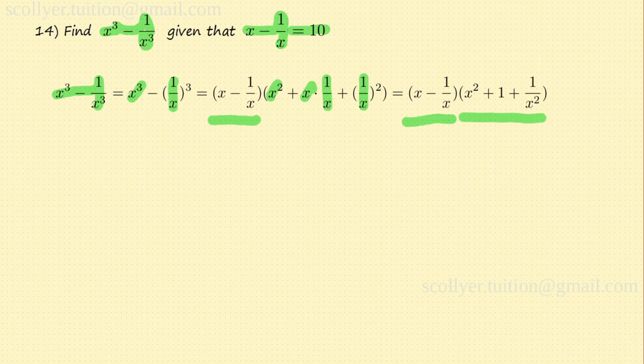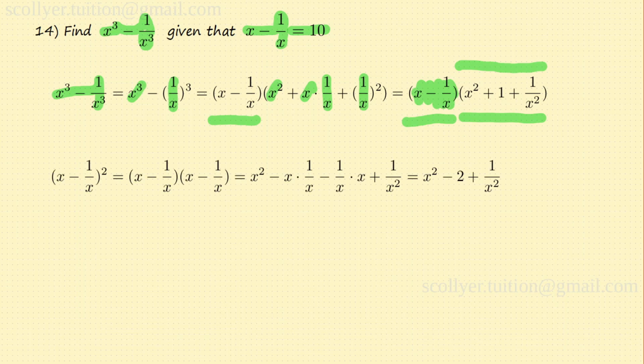And so we already have the x minus 1 over x expression that we need there, and we now need to express x squared plus 1 over x squared, this bit, in terms of x minus 1 over x. Now, given that we have to produce terms of the form x squared and 1 over x squared, the obvious thing to do is to look at (x minus 1 over x) all squared, because that will produce those terms.